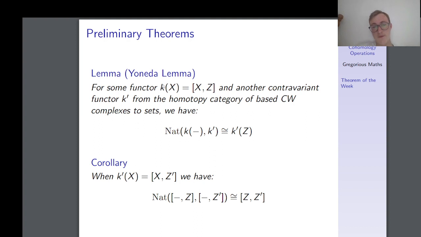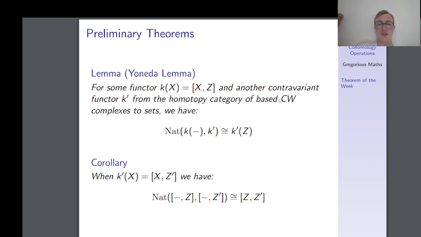So if we have this functor K such that K of X is the set of all, and here I mean based maps, by the way, K of X is the set of all based homotopy classes of maps from X to some space Z, where Z is fixed.